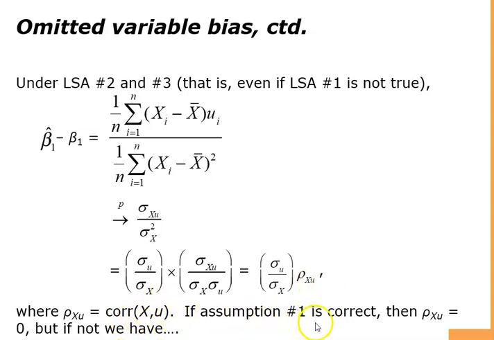So if assumption number 1 is correct, then the correlation between X and U will be 0. But if assumption number 1 of OLS is not correct, it would mean that the correlation between X and U will not actually be 0, which would ultimately mean that this whole fraction will not actually be equal to 0, which will mean that beta 1 hat minus beta 1 will not actually be equal to 0.